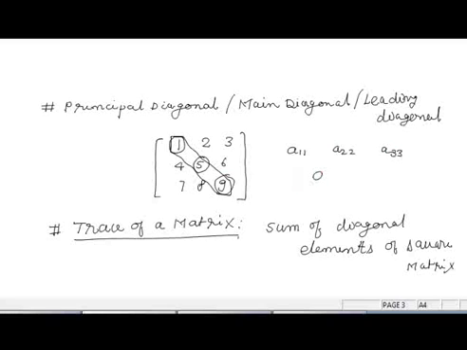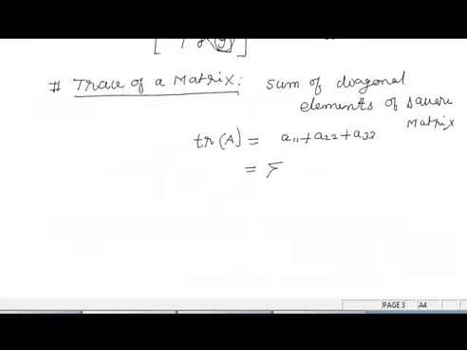So the diagonal elements can be represented by Aii. In mathematical notation, we write the trace of a matrix as tr. Let's say the matrix is A. Then the trace of the matrix is nothing but the summation A11 plus A22 plus A33. Since it is a 3 by 3 matrix; if it is an n by n matrix, then in a generalized way we can write the sum for i equal to 1 to n of Aii. This is called the trace of the matrix.